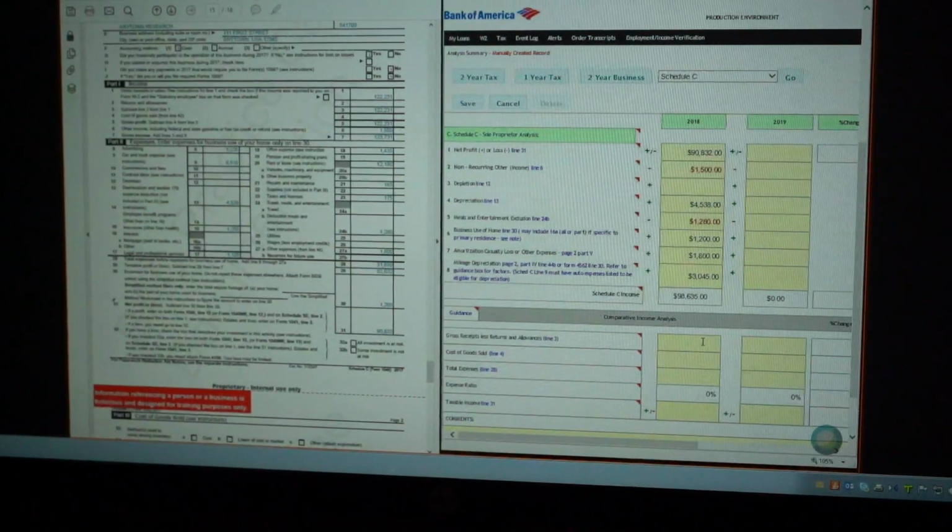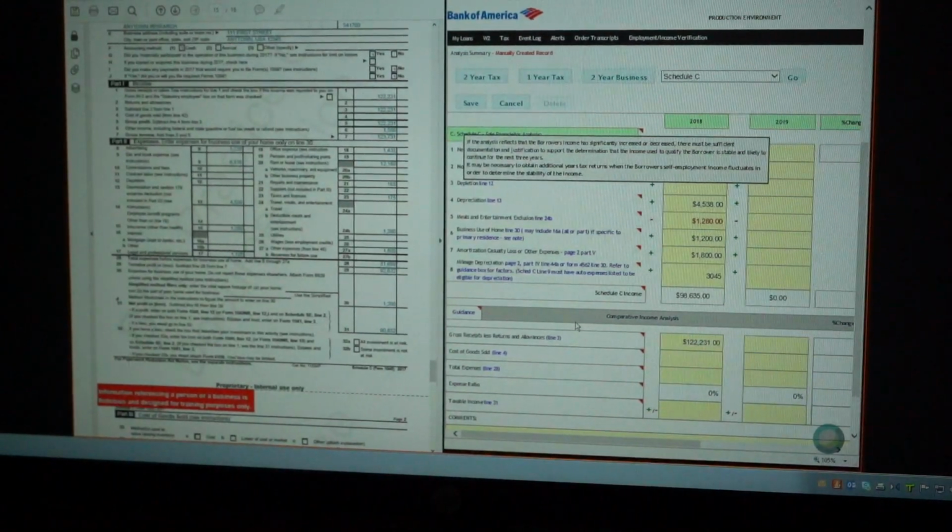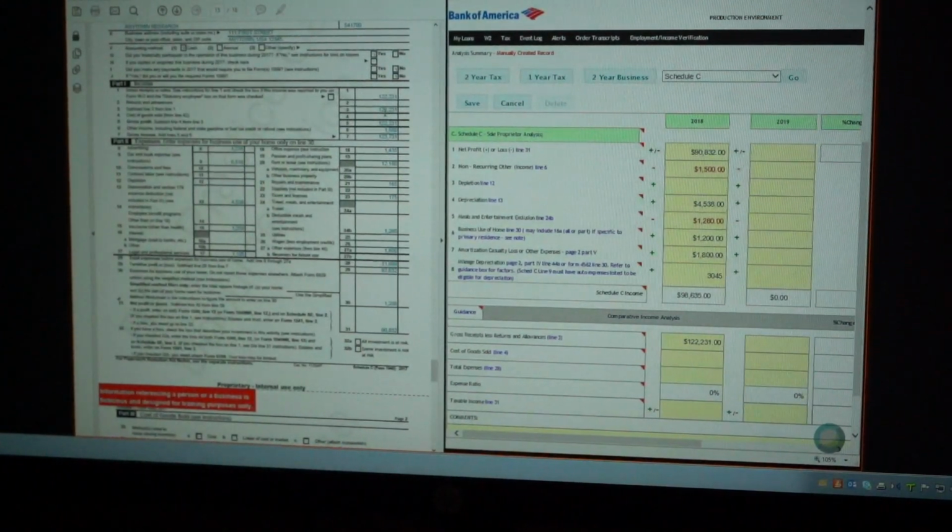So the gross receipts, we have 122,231. Then we don't have any cost of goods sold. That's line number 4. That's empty.